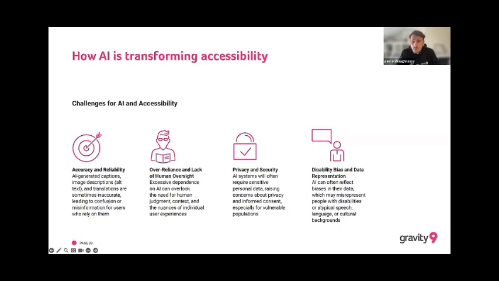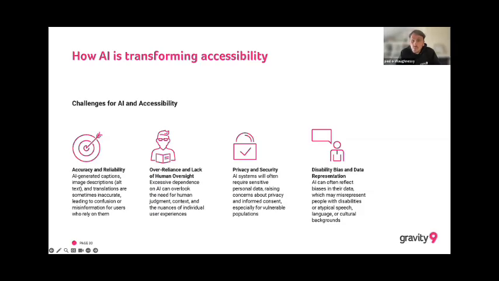AI bias can manifest itself in various ways, some of which include underrepresentation of diverse users, as many AI models are trained on data sets that do not adequately represent people with disabilities, leading to systems that can fail to understand and properly assist disabled people's needs.